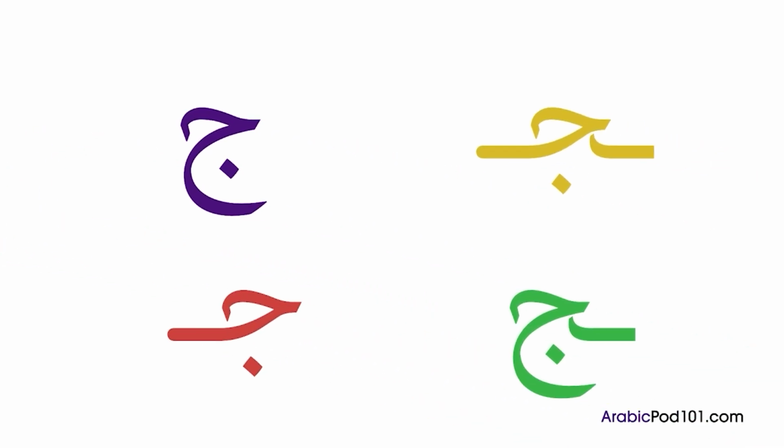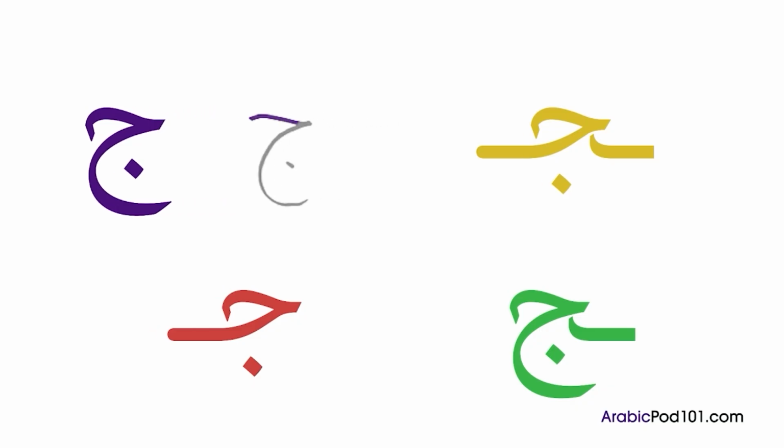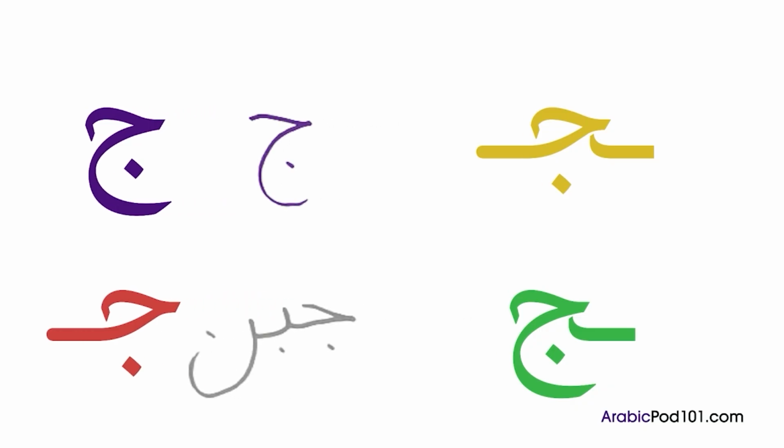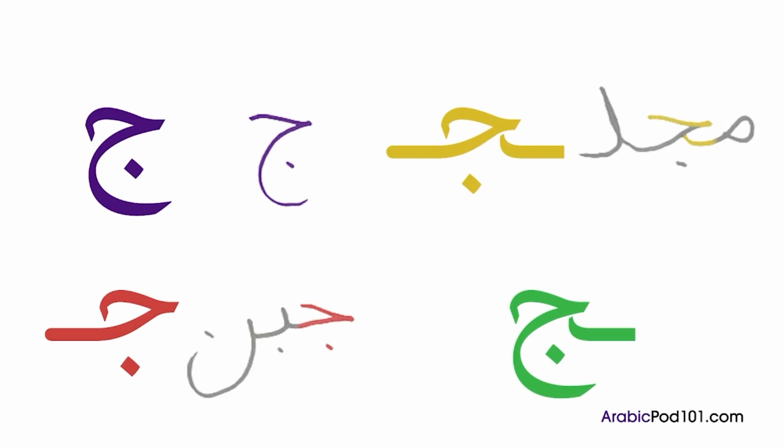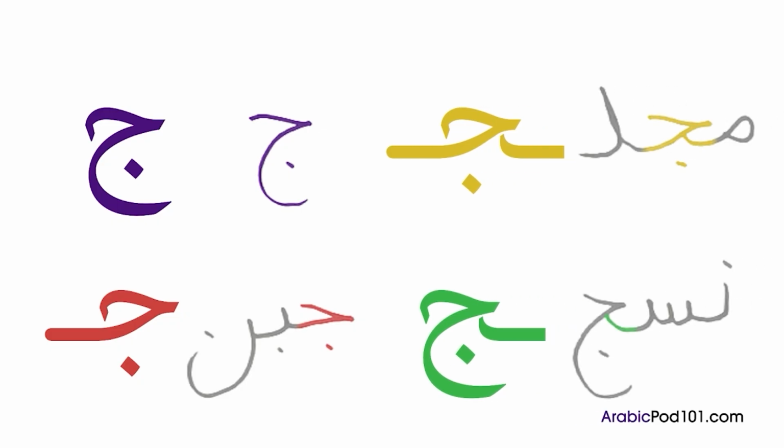Next, let's review lesson 3. In the third lesson, we learned 3 more letters that look alike: jim, ha, and kha. Here's jim. Isolated, initial, medial, final. Now let's check ha.